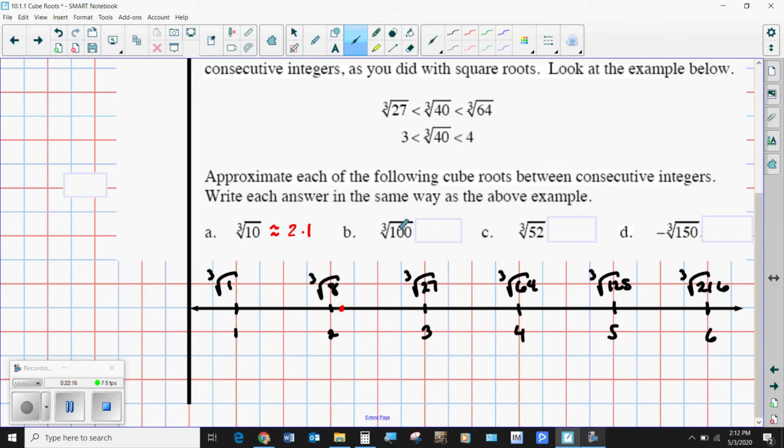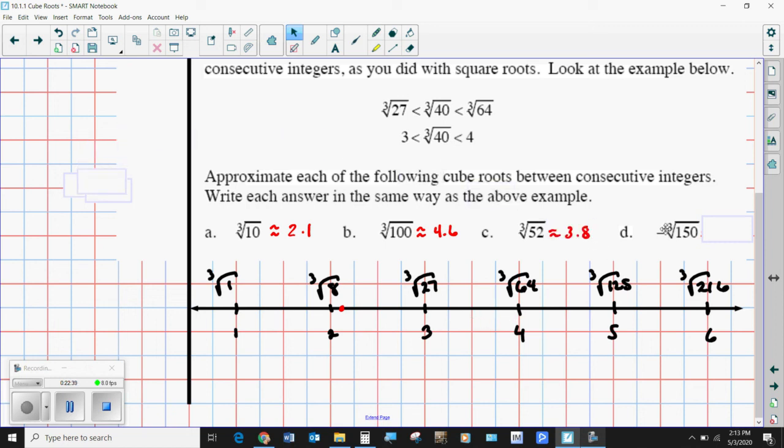Okay. The cube root of 100 has to be somewhere in here, right? What's the halfway point? Somewhere close to 90, maybe. So I'm going to say this is probably going to be about 4.6 or 4.7. Cube root of 52 has got to be a little bit less than 4, so maybe 3.7 or 3.8, somewhere in there.